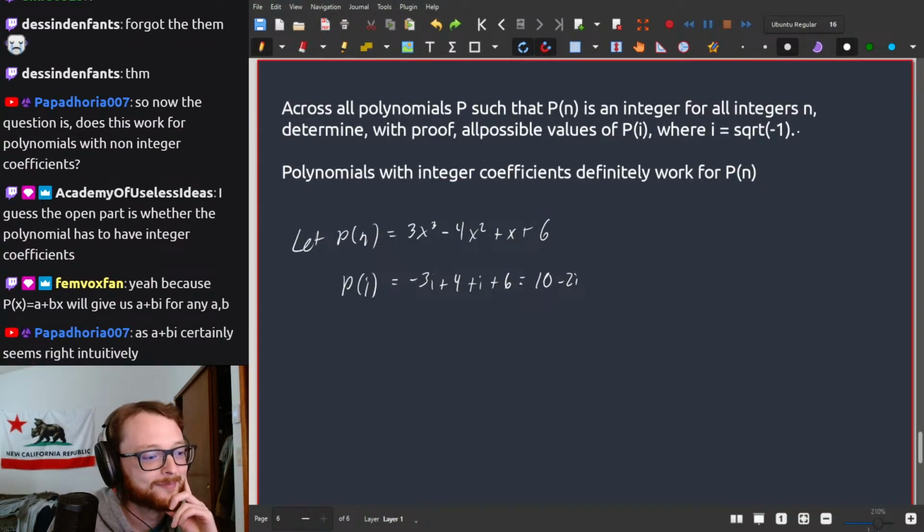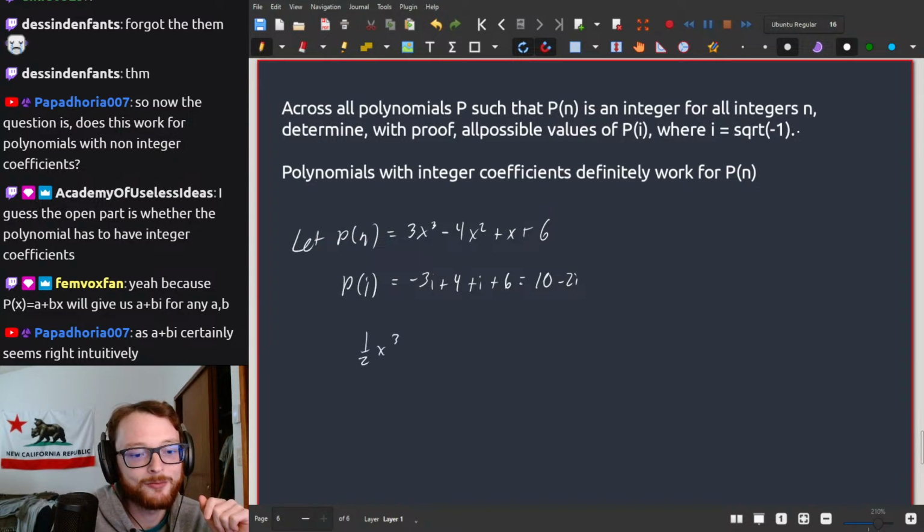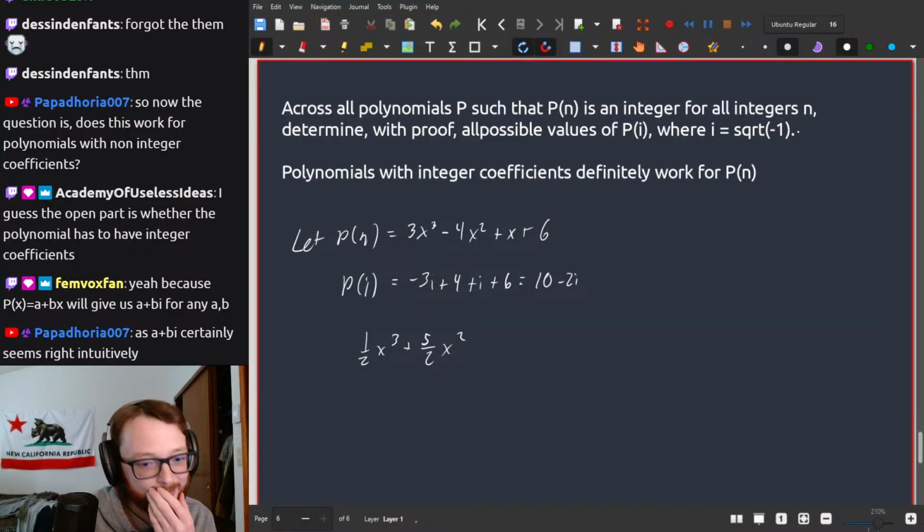Because if we did say 1/2 x cubed, I'm just using cubics as an example. If these are all halves, it's still not going to work, right? Or could it?